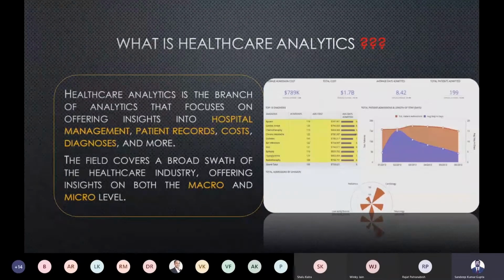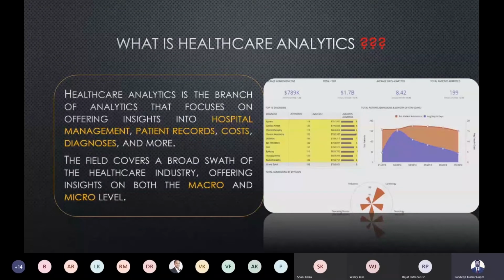Hospital management means what should be the capacity of the hospital, the capacity of OPD, waiting time, how many OTs, operation theaters, should be there, how many ventilators we should have, all those things. So managing the resources of the hospital in that way, and then keeping patient records, tracking cost, diagnosis, etc. So you can see this analytics can capture two kinds of data here. One is admin-related issues, like cost, etc., and hospital management, and the second is related to patients.